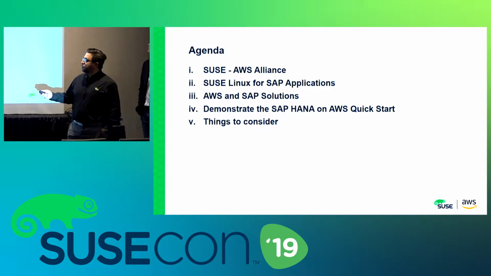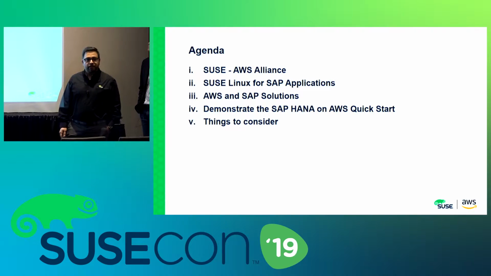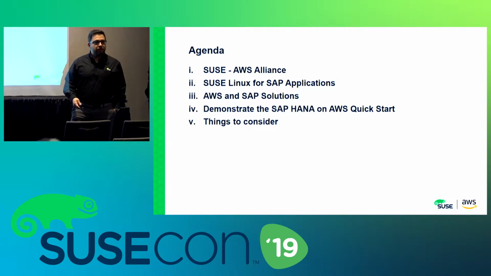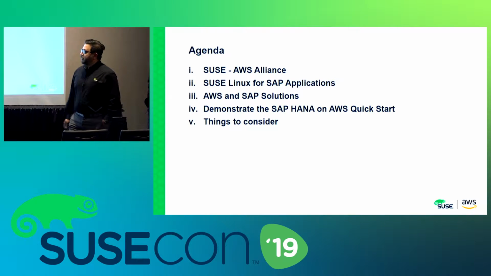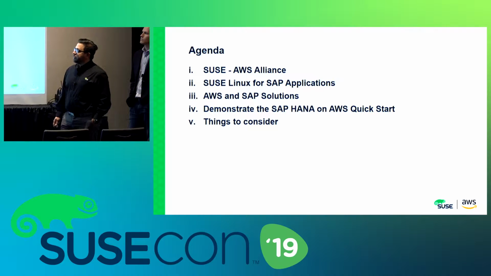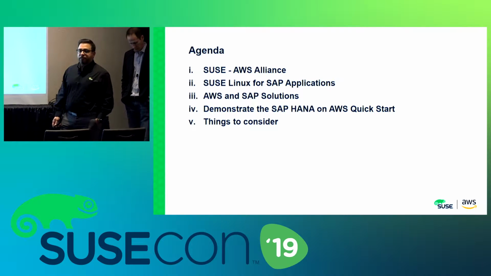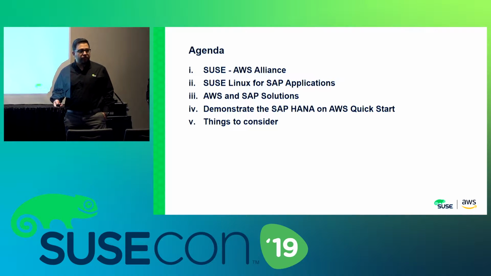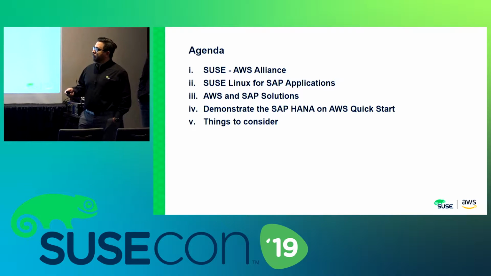In today's session, we're going to cover the SUSE AWS Alliance milestones. Discuss some of the things that we've done to work together to bring different products and services to both our customers. We're also going to discuss the SUSE Linux for SAP Applications benefits and how our customers are leveraging some of these features to really succeed on the AWS platform.